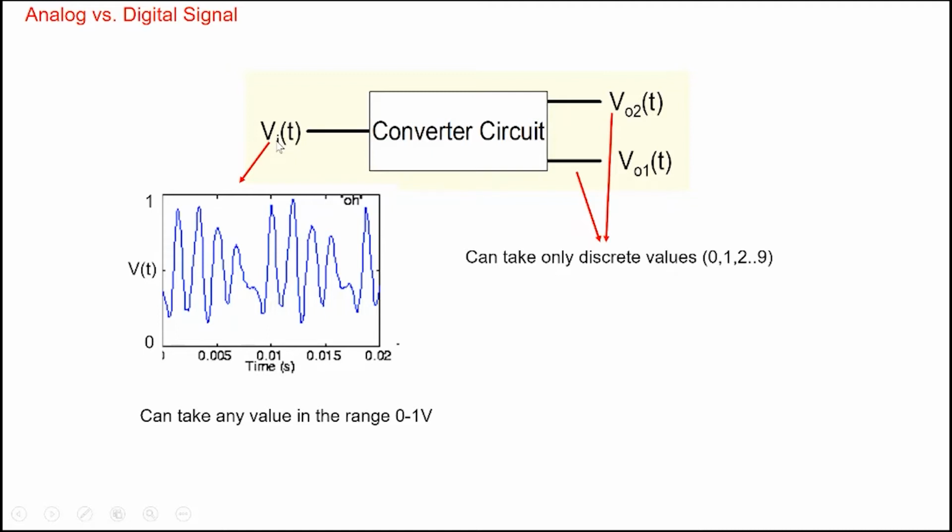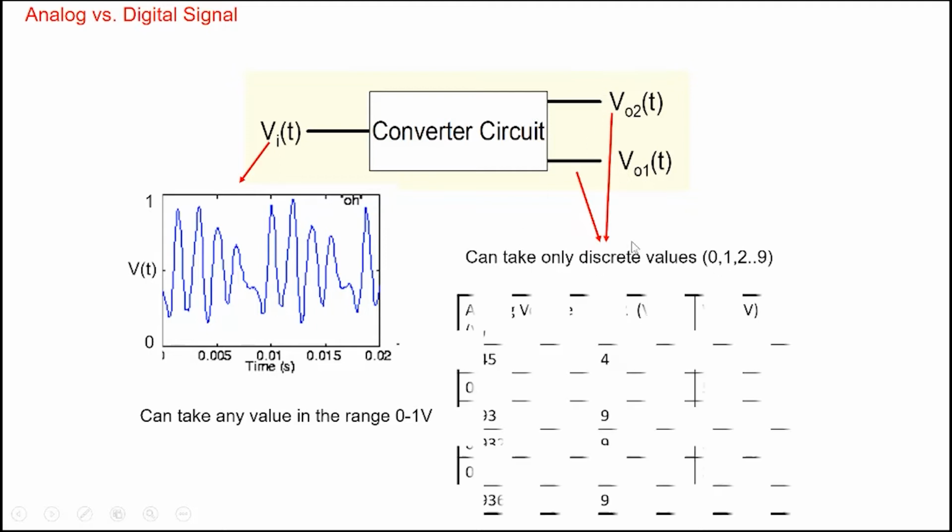So we convert our number using some converter circuit. Let's not get into the details of how we build it right now. We convert it into a 2-digit number, and each one of those digits is a decimal digit, so obviously they can take any discrete values from 0 to 9. All right, so we are converting it into a discrete number here.